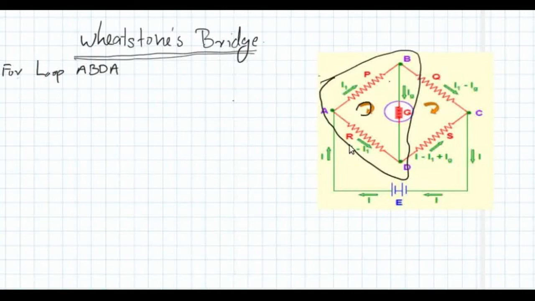So this is our clockwise direction, and the clockwise direction current can be taken as positive. That is, I1 can be taken positive. Then from the source E, the current I is coming out. At the junction A, the current I will be divided as I1 and I minus I1.